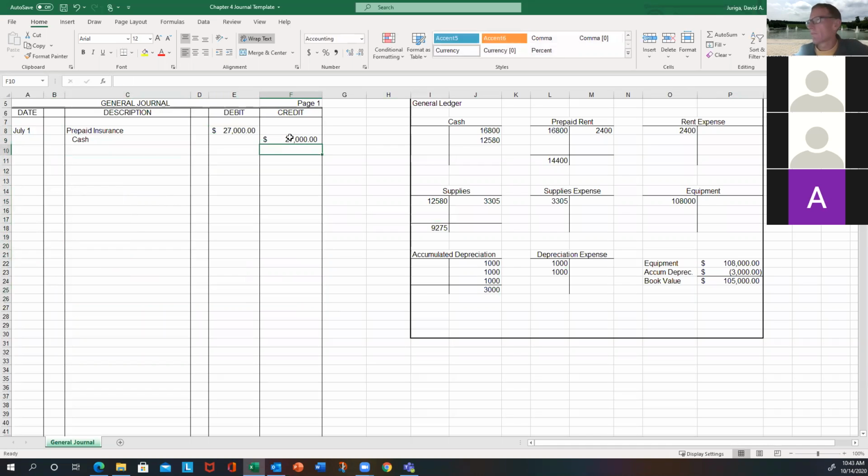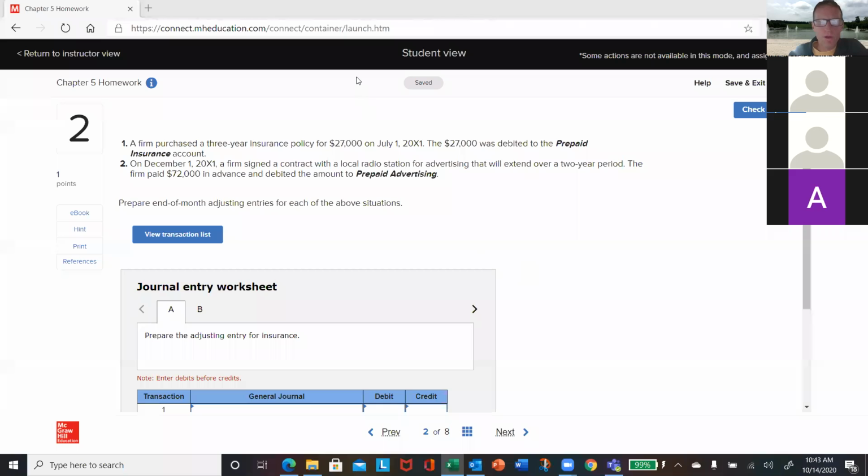It says this is 3 years, and we want 1 month. So does it make sense to everybody that if we wanted to convert this $27,000 into 1 month of adjustment, rather than divide by 3, because that would tell you per year, there are 12 months in a year, so we would divide by 36, right?